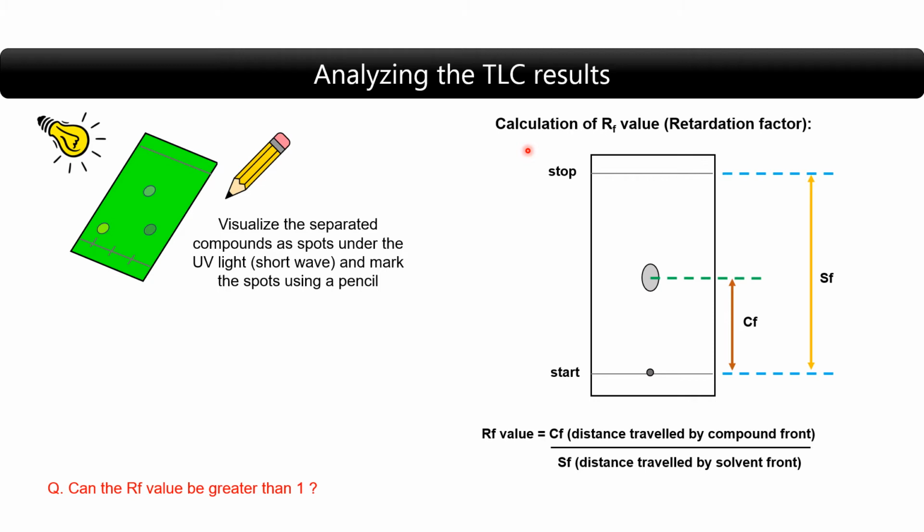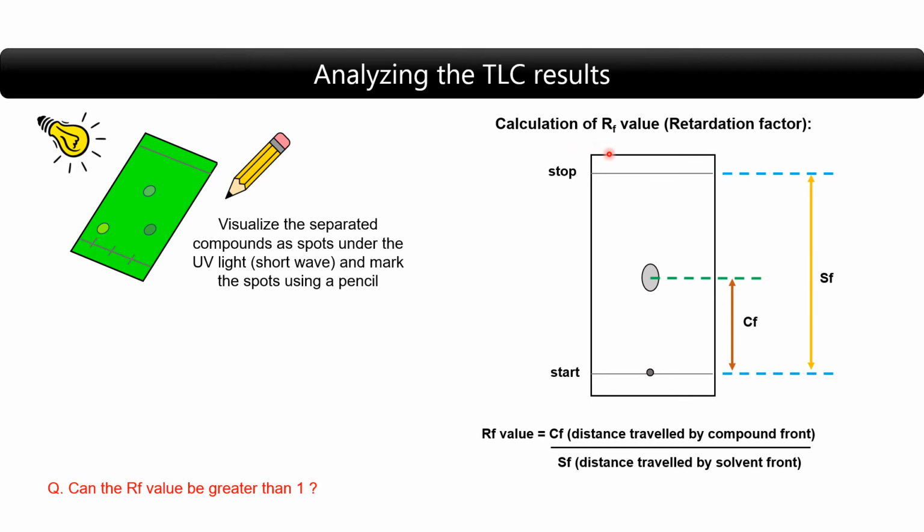After that, you will be calculating something that we call an RF value, which stands for retardation factor. If you remember, in gas chromatography, we had something called the retention time. It explains how much that particular compound was delayed as it moved through the column.